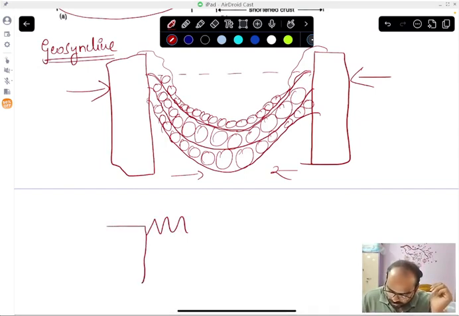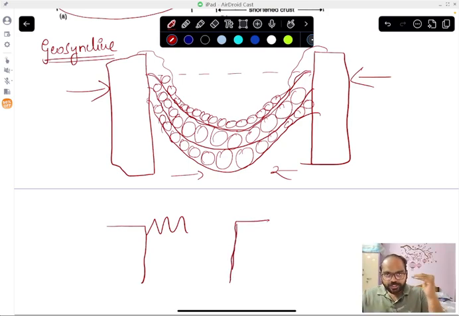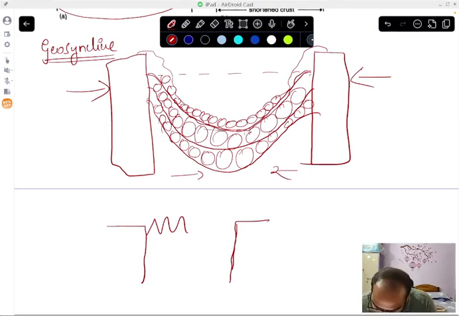If this is a continent and this is a continent, due to gradual compression over a longer period of time, these sediments get folded and appear as a series of folded mountains, right? Okay.